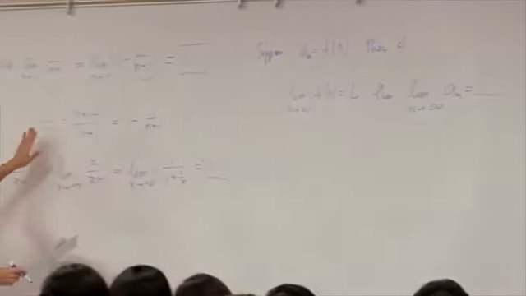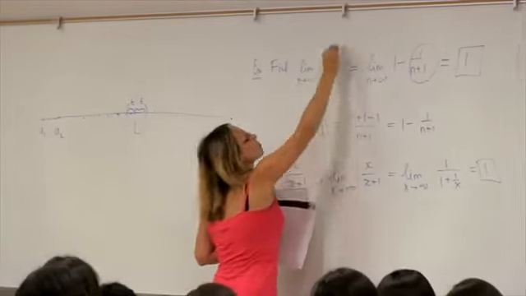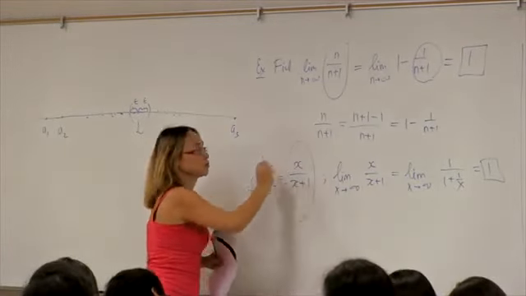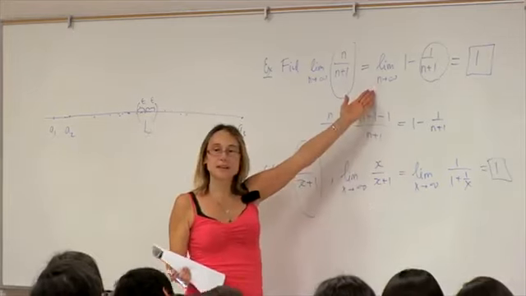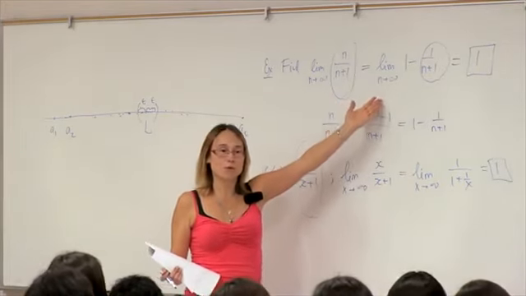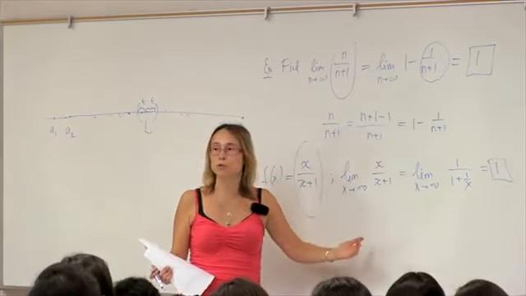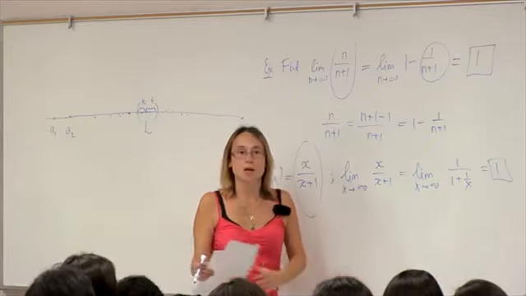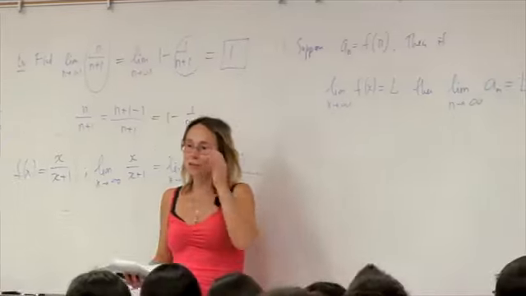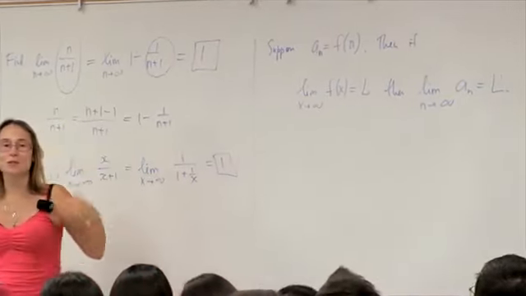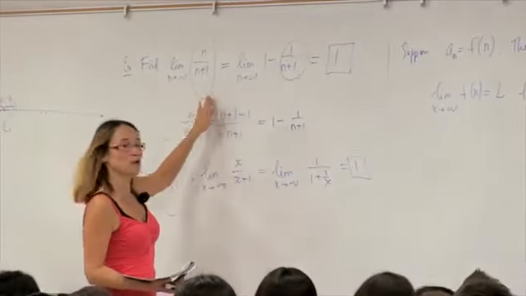I looked at a_n, I expressed it as a function of a continuous variable x, calculated the limit, and the limit is the same for the sequence as it is for the corresponding function. So this is something that allows us to apply calculus to sequences, as long as we know the formula for a_n.